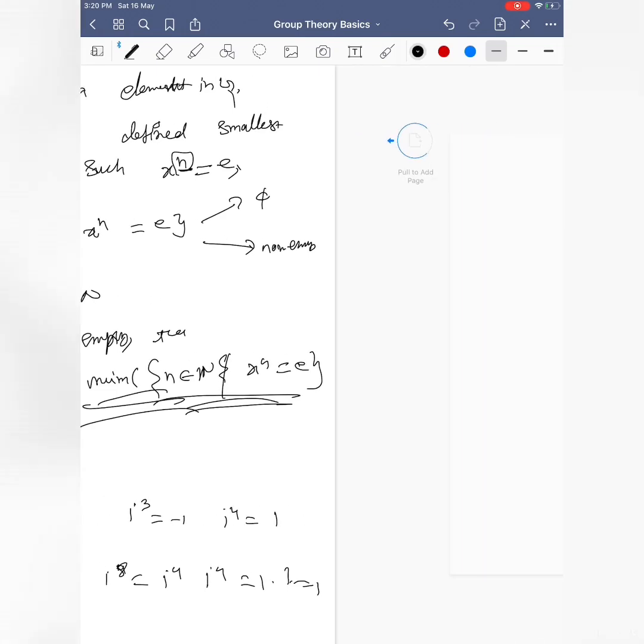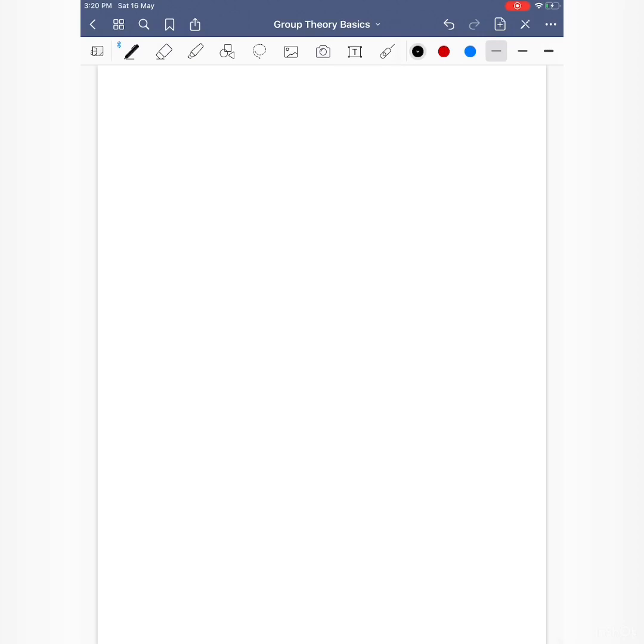Okay, let's do exercises. Let's do exercise number 16. I am using the Dummit and Foote book, Dummit and Foote Abstract Algebra. Exercise number 16 says: let G be a group, and the order of x equals 2 if x power 2 equals 1.